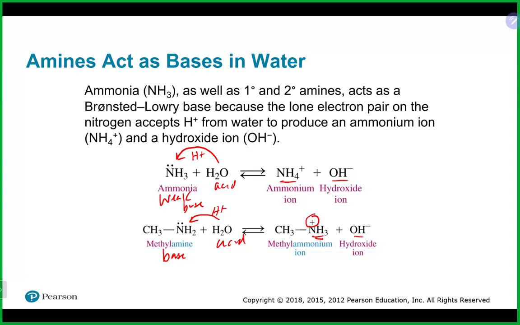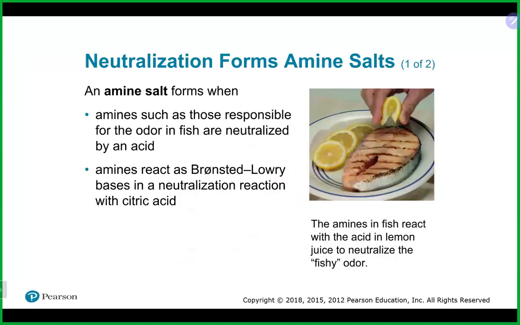So a lot of weak bases are amines, these organic compounds, and they obviously can do our Bronsted-Lowry definition. What we do form as a result of that type of reaction is sometimes an amine salt, and those are sometimes responsible for some odors, as you see in things like fish, and sometimes are neutralized by acids.